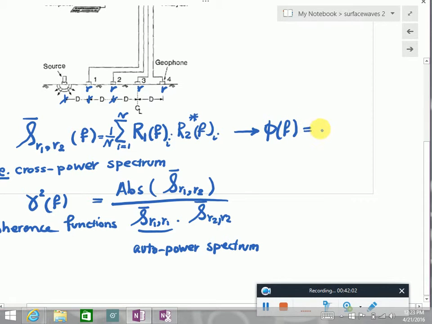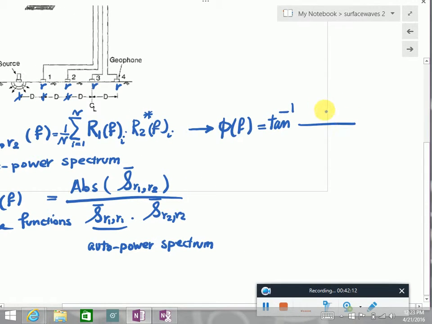So it's nothing else but the tangent inverse of the, this is R1, R2.